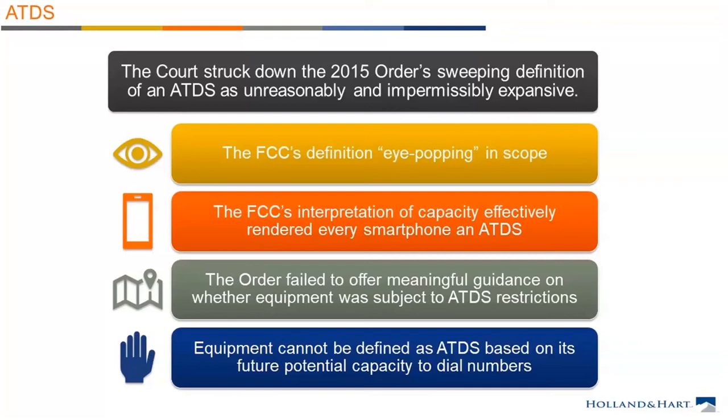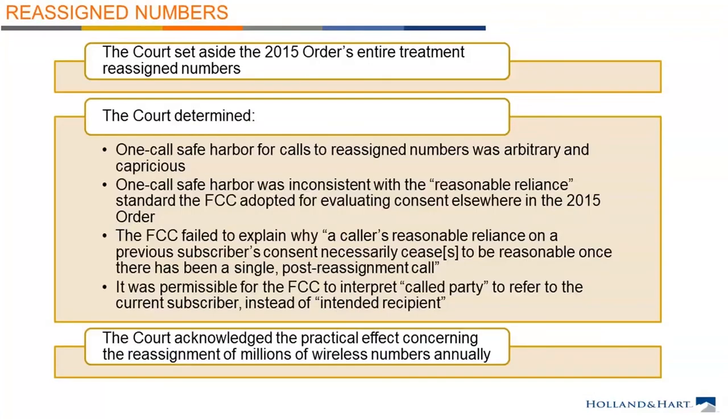So in short, the DC Circuit gutted every part of this aspect of the 2015 order. It also set aside the order's treatment of reassigned numbers. The court determined that the one-call safe harbor was arbitrary and capricious.